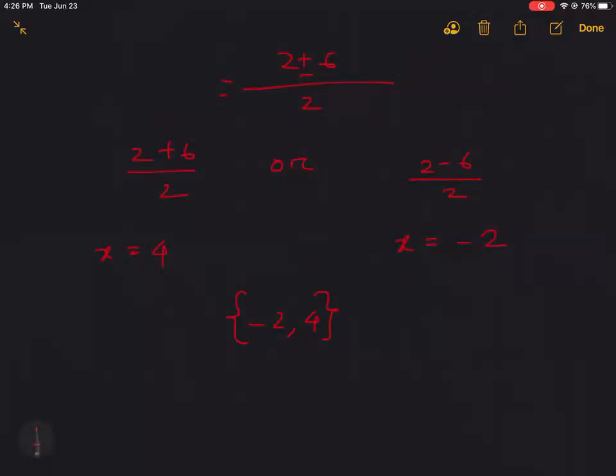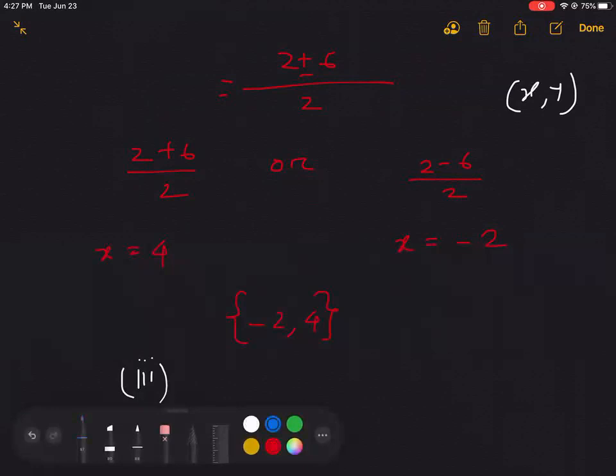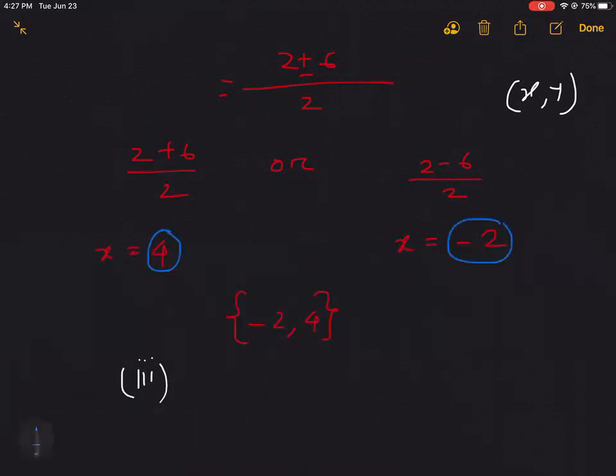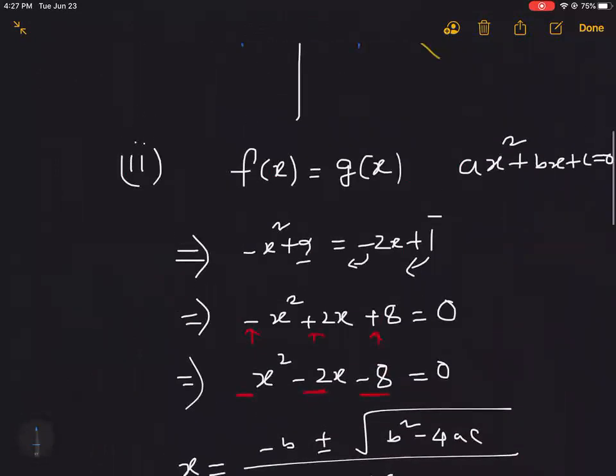Okay, next one, part 3. Use the result of part B to label the points of intersection of the graphs of f and g. For a point of intersection, you actually need 2 coordinates, right? One from the x, second from the y. Fortunately, we already have one from part B, as the question said, because we are solving it for f of x equals g of x.